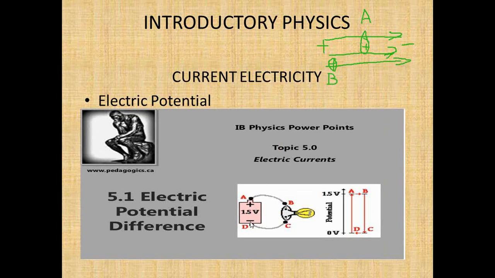So all batteries are going to have a high potential terminal and a low potential terminal. And then we have wires that connect it to a bulb. So what your battery is going to do, your battery is going to put the positive test charge right here.